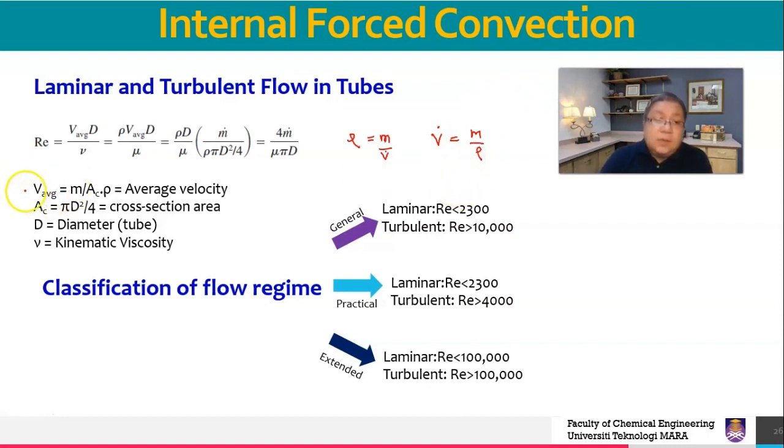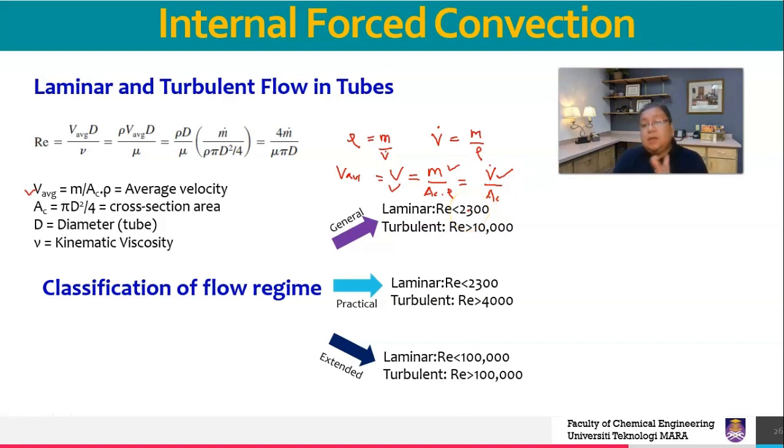Look at this equation: V average is equal to m dot over rho A cross-sectional, so it's basically V dot over Ac. When you know the velocity value, you will know m dot with the help of Ac and rho, and also the volumetric flow rate.